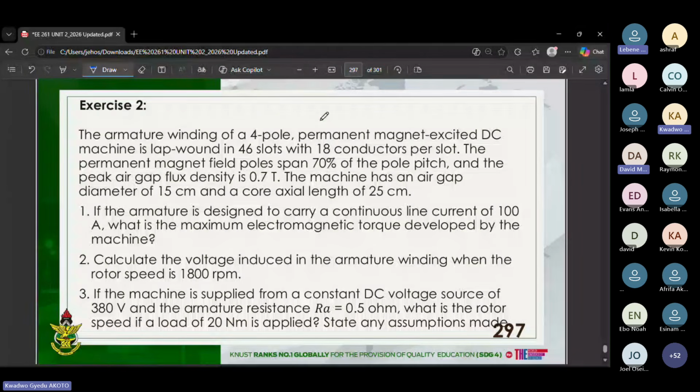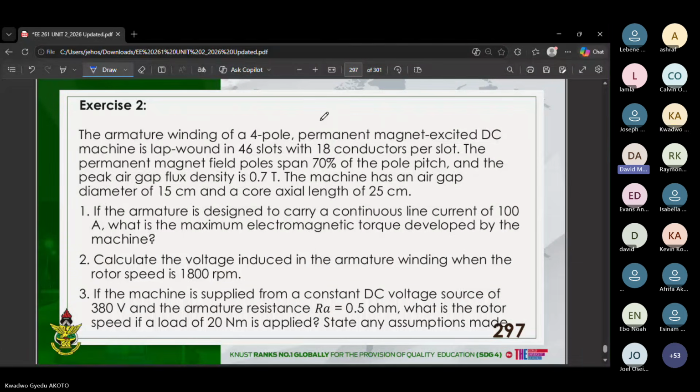Exercise 2. Armature winding. The armature winding of a 4-pole permanent magnet excited DC machine is lap wound in 46 slots with 18 conductors per slot. The field poles span 70% of the pole pitch, and the peak air gap flux density is 0.7 Tesla.